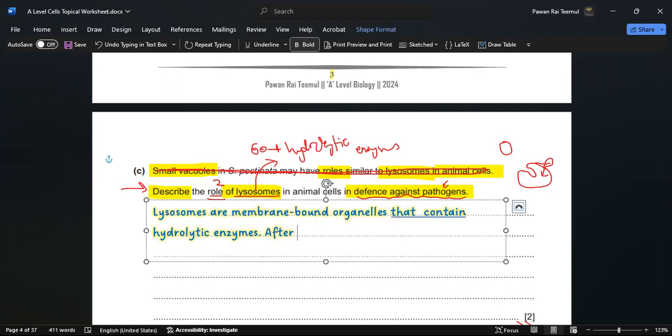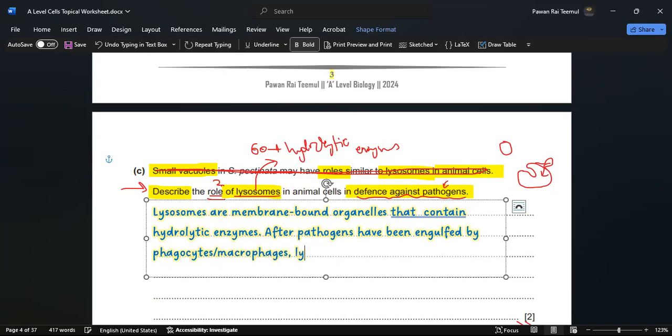After pathogens have been, for example, engulfed by phagocytes, or you may say macrophages, the lysosomes fuse with them to release the hydrolytic enzymes.